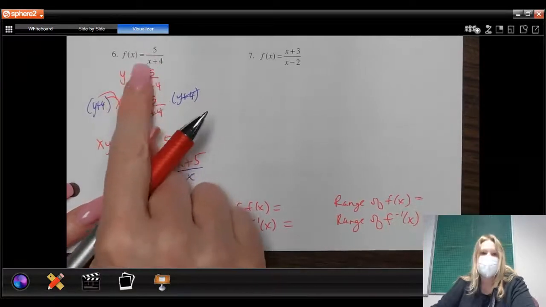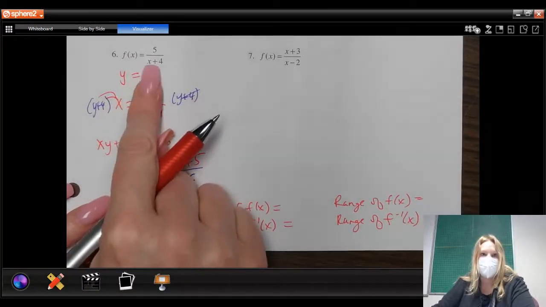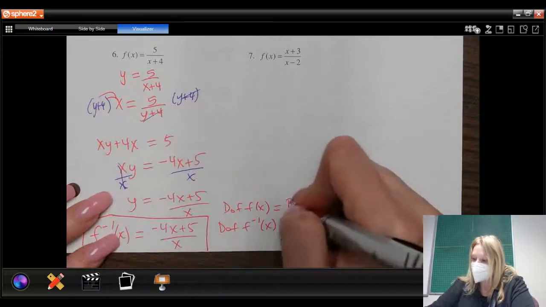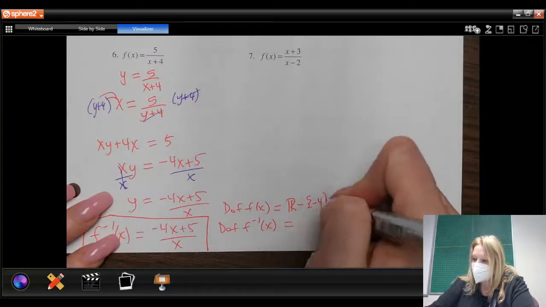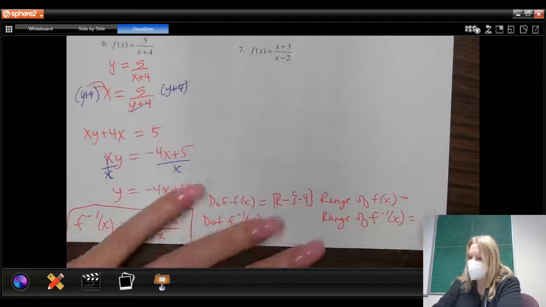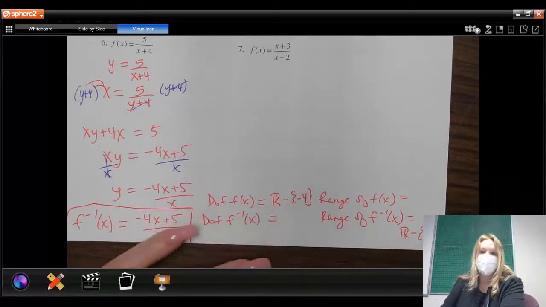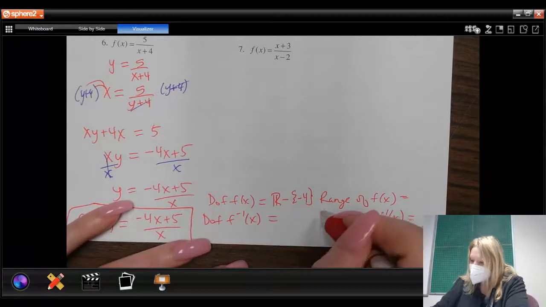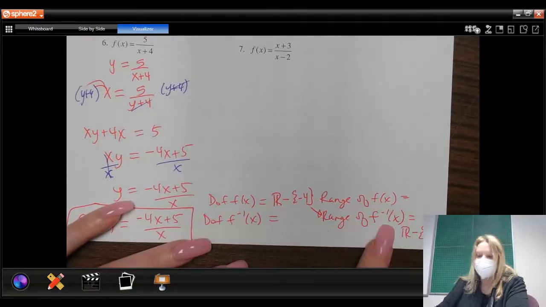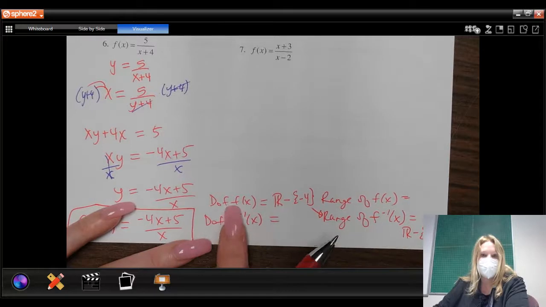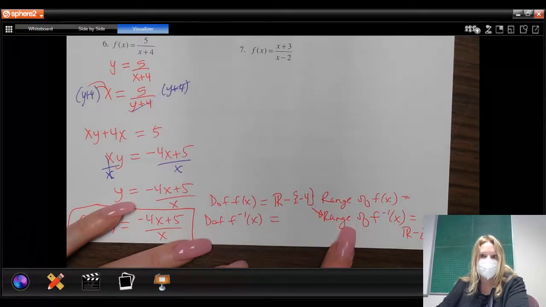Okay, the domain of the original function, that's all reals except for -4, right? Can't have a 0 in the denominator. So that then becomes the range of the inverse. So the domain of the original is the range of the inverse.